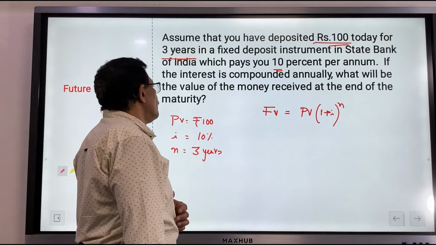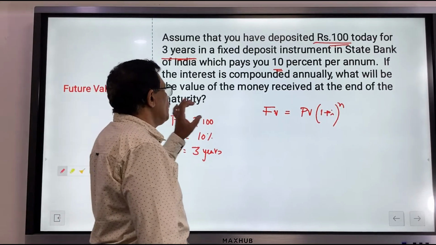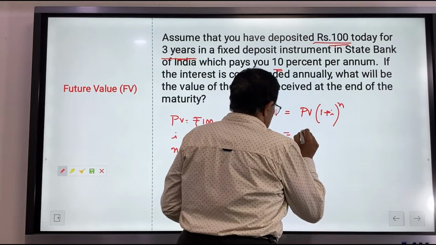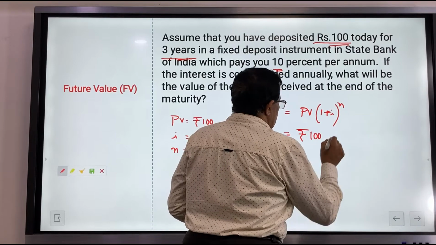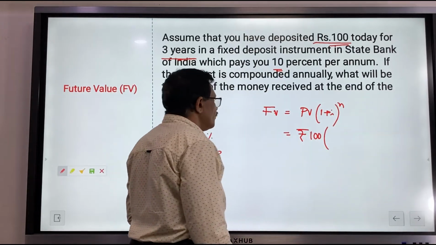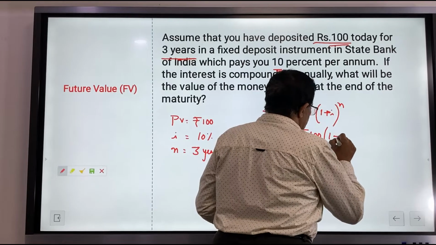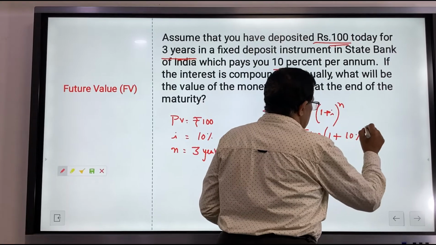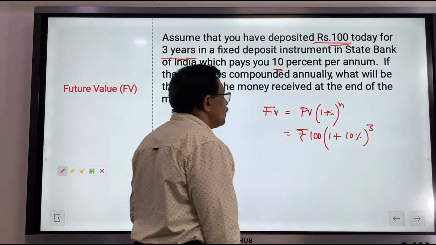And this particular money, 100 rupees, is being invested in a bank. So the present value is 100, and it is invested at a rate of 10%, for 3 long years.